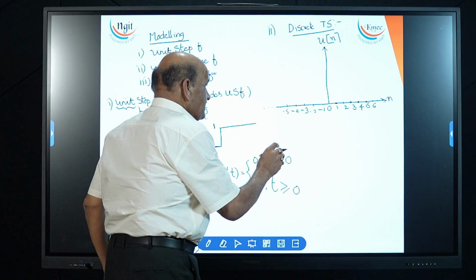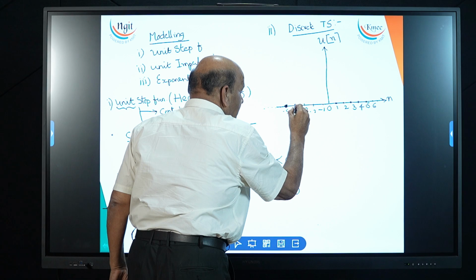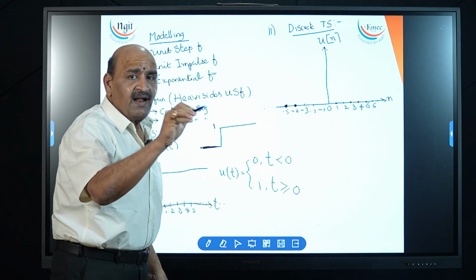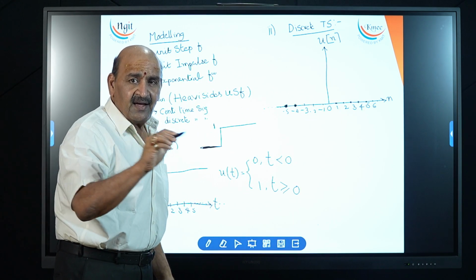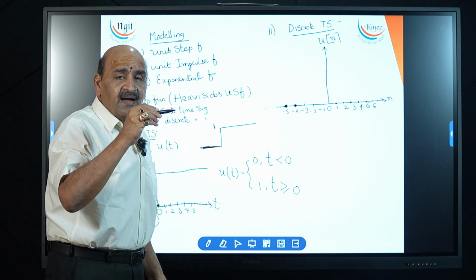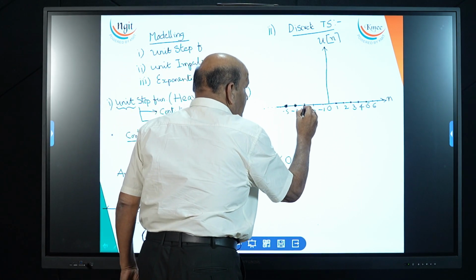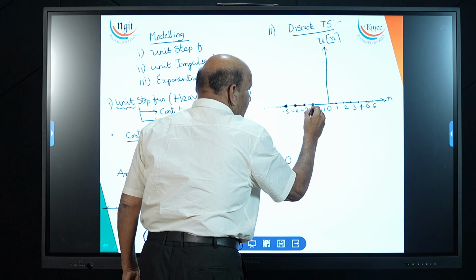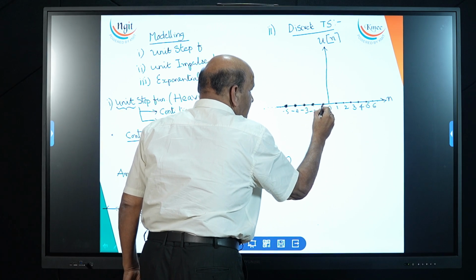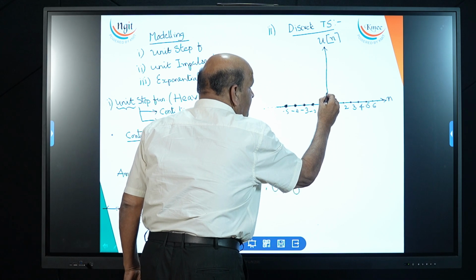That's why, as long as n is less than 0, the value is 0. Look at, I am not drawing a thick line. Students have to understand, I am not drawing a thicker line. Instead of that, I am making only round bubbles like that, thick bubbles. For -3, 0. For -2, 0. For -1, 0. But whenever it reaches 0, it spikes.